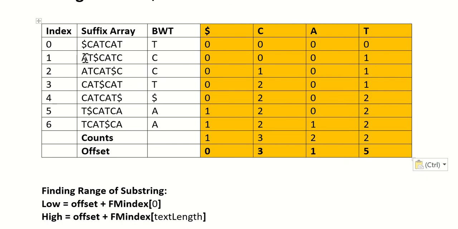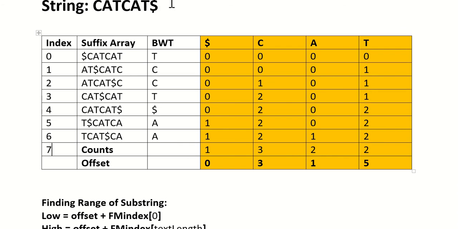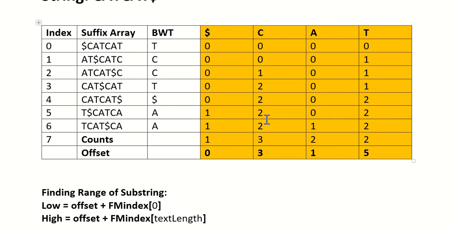That's where we see the first A. So then let's find the high for A, and that would be the offset, which is 1, plus the FM index at the text length. So the text length is actually 7, so I'm going to put that right here. That's where the counts are, because as you can see, we have 7 characters, and that FM index at the text length for A is 2. So you would just add 2.